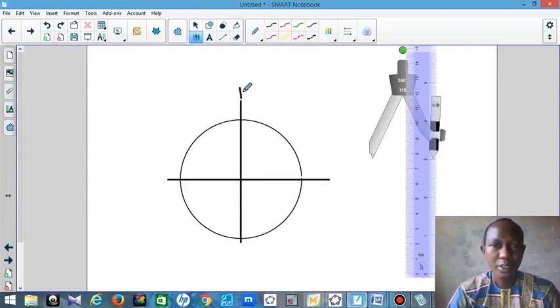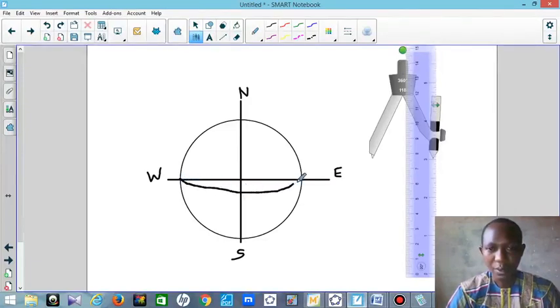Then you label your north, label your south, label your east, label your west. Then you can just make a line like this to represent your equator. The equator is also a latitude, so label it.